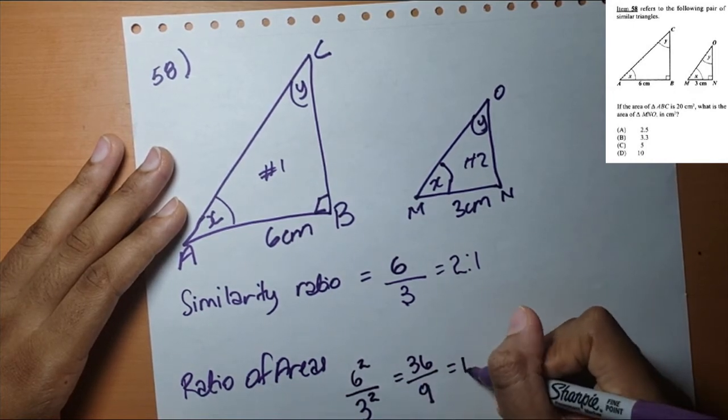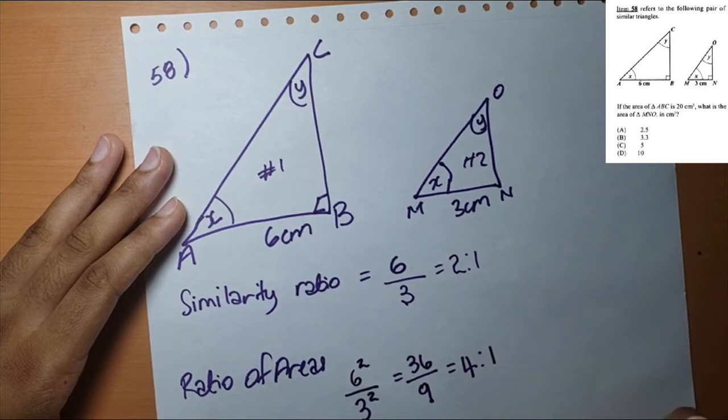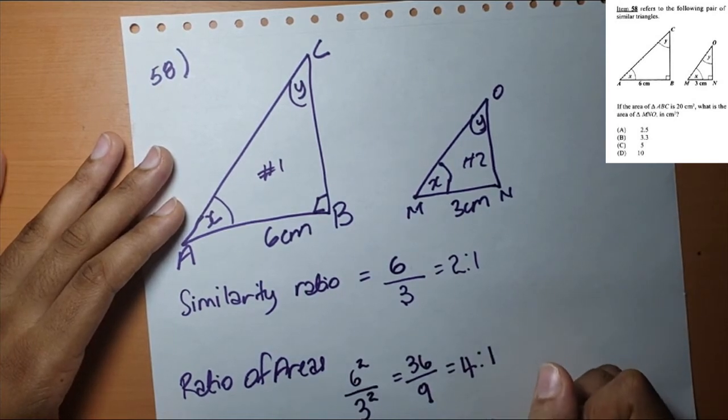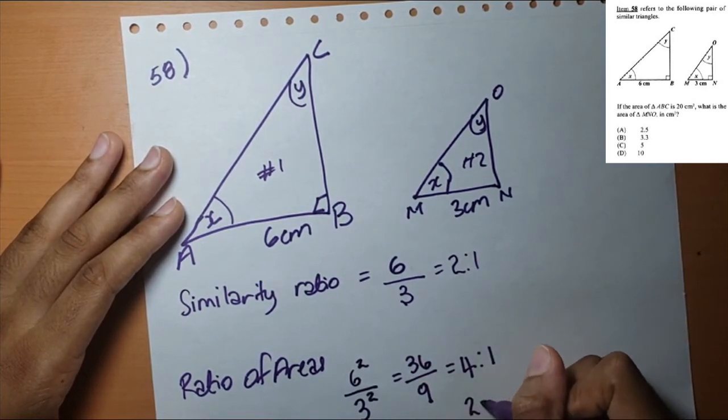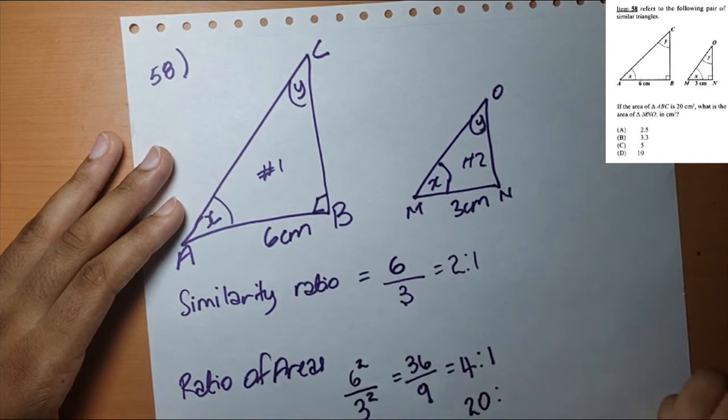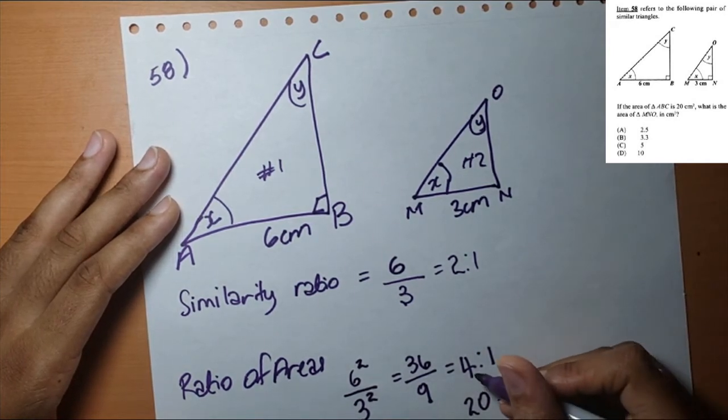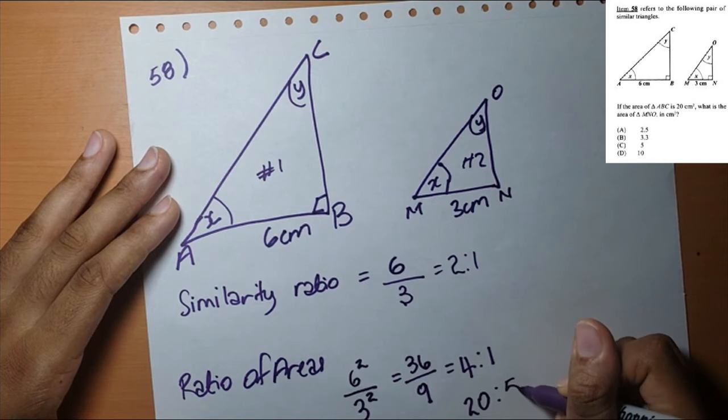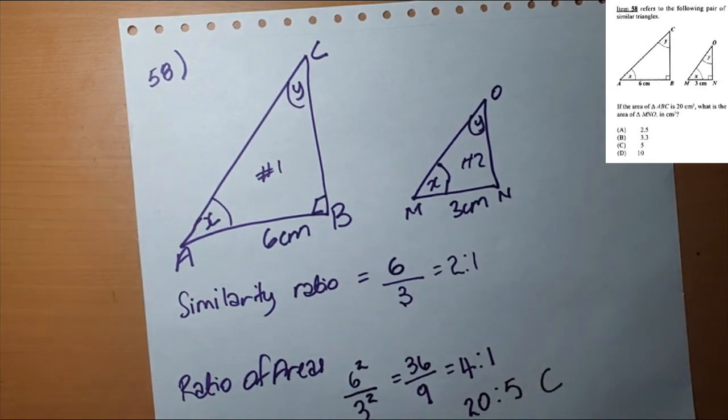So therefore, the areas are in the ratio 4 to 1. So we're told that the area of the first one is 20 centimeters squared. So what would the area of the second one be? You can cross multiply and the answer will be 5, and that is C. I will insert a clip of the formulas for the ratio of areas.